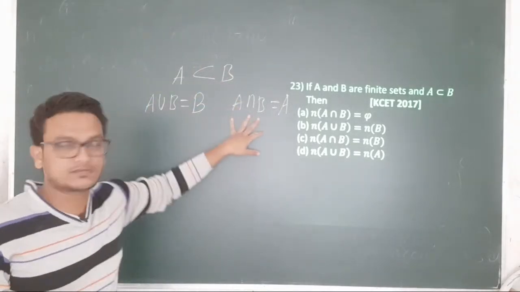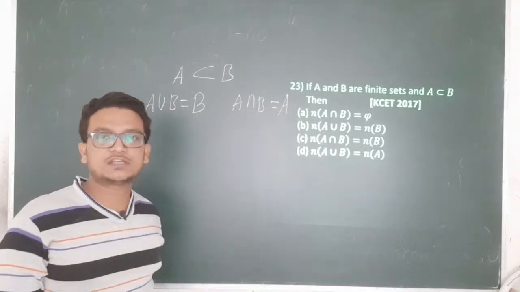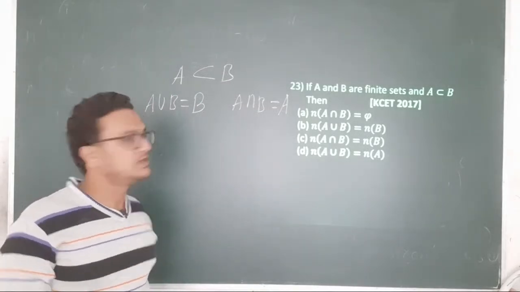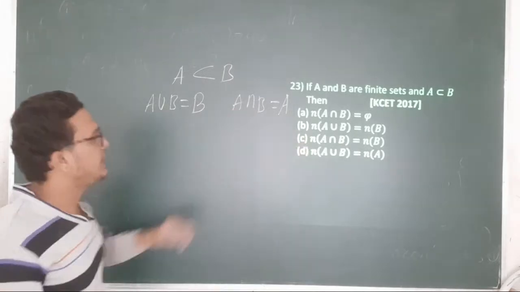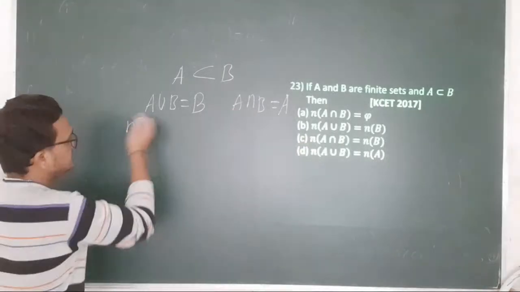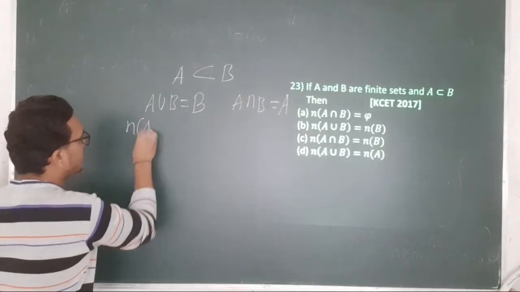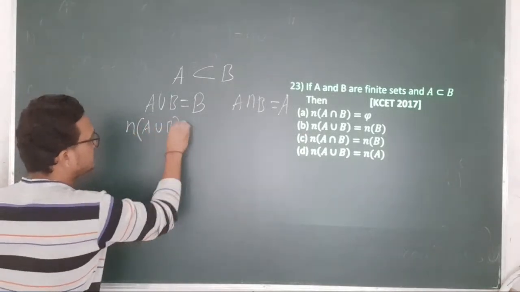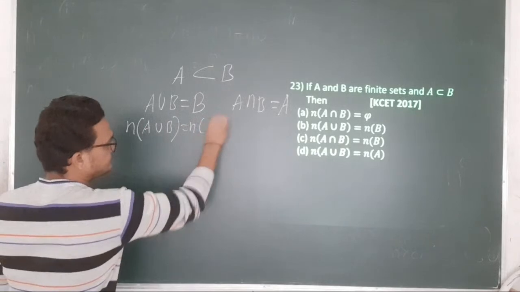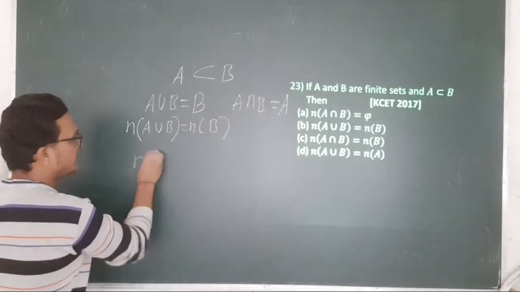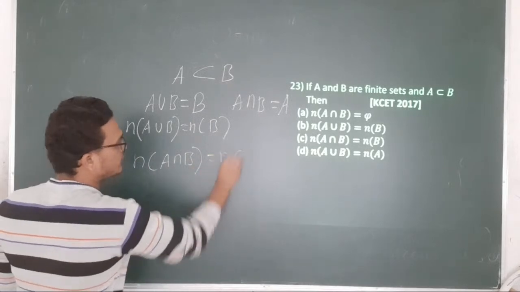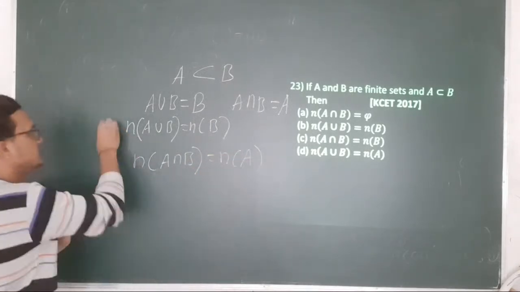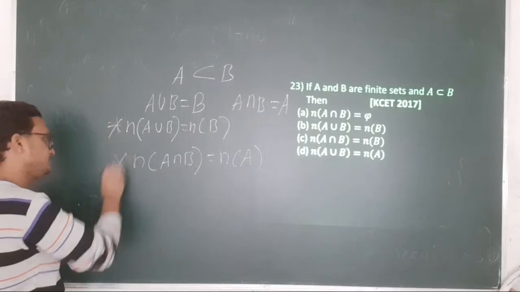When you take the intersection, that is the smallest one, which is A. So A intersection B is A. Apply the number of elements property: n of A union B equals n of B, and n of A intersection B equals n of A. So we got these two results.